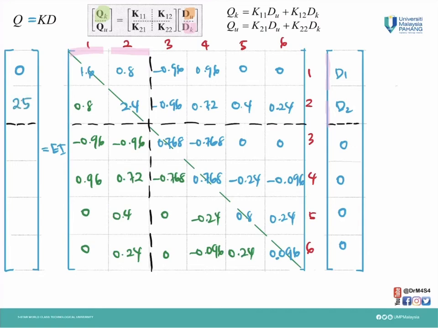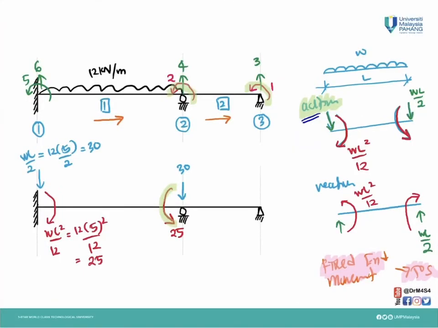Then we need to find what is for Q3, 4, 5, and 6, which is this one, Q unknown. Let's check back for Q3. For Q3, no action, that means there is no load on member 2 here.